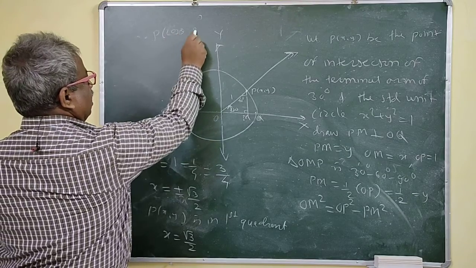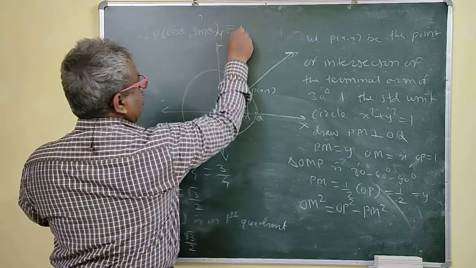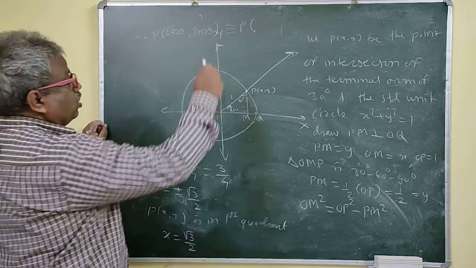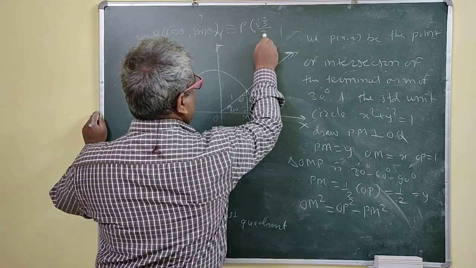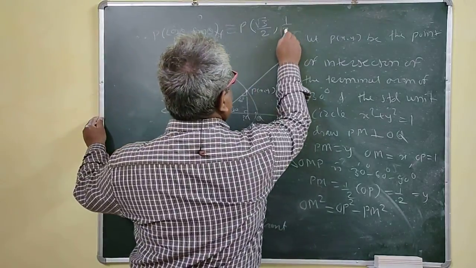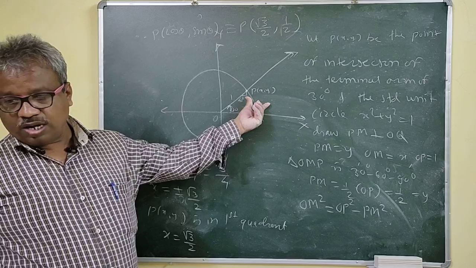Cos theta, sin theta. Right? This is your P. And this is the same as P. What is x here? Root 3 by 2. What is your y? Half. Right? So you get the coordinates of P now.